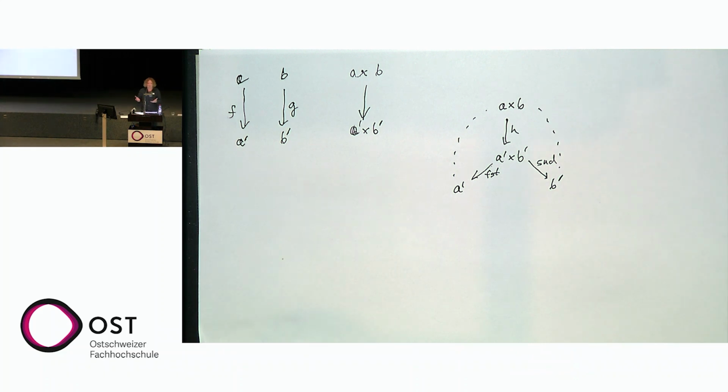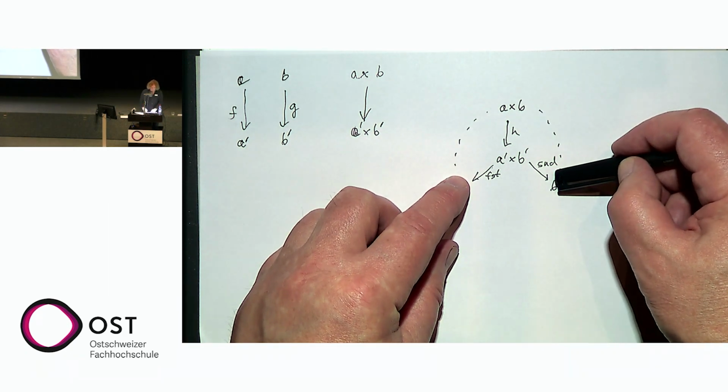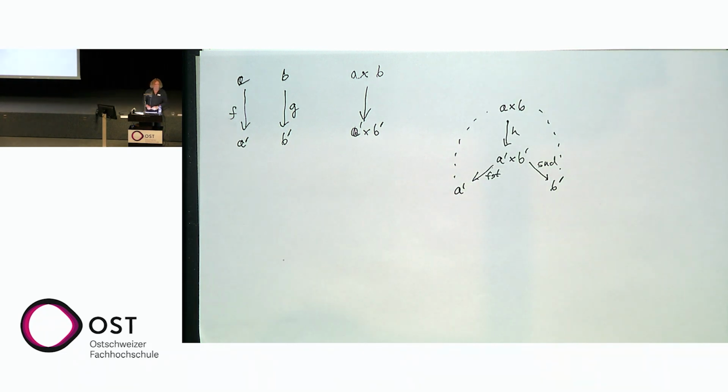Because this is my universal construction. This is the only thing I know. If somebody asks me to define a function h that ends in a product, a mapping into a product, then I say, well, let me use the universal construction, right? A universal construction means I need two functions from my source to A prime and from my source to B prime. Okay? So if you give me these two functions, then I'll give you H.